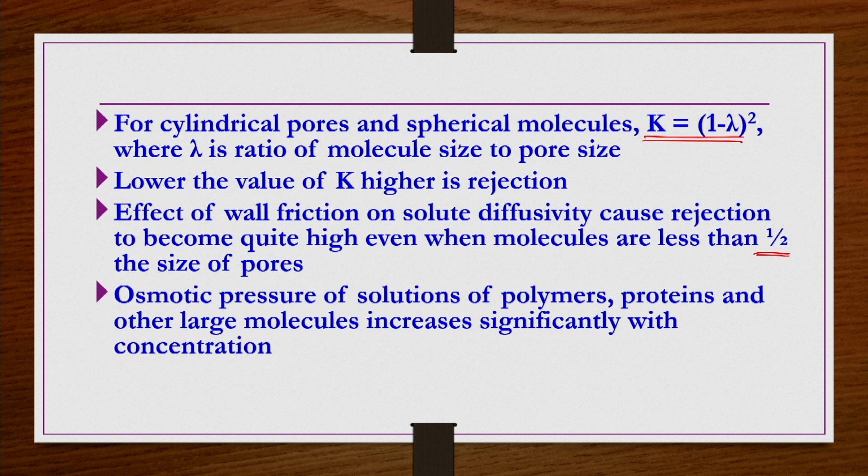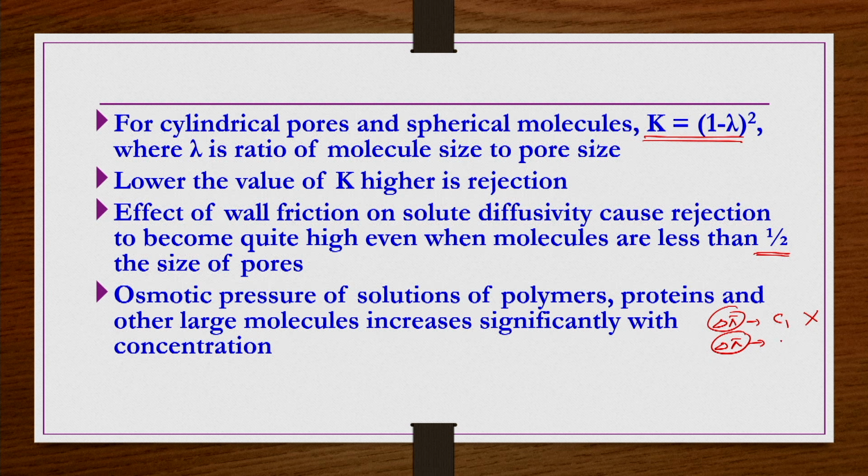Further, the osmotic pressure of solutions of polymers, proteins and other large molecules increases significantly with concentration. So, if you calculate osmotic pressure based on C1, the feed concentration, that is not going to give the correct value, because delta pi in general increases with increasing concentration for these polymer and protein solutions.